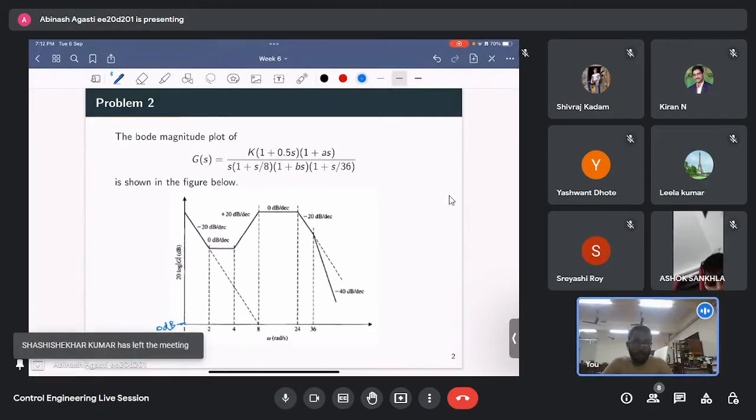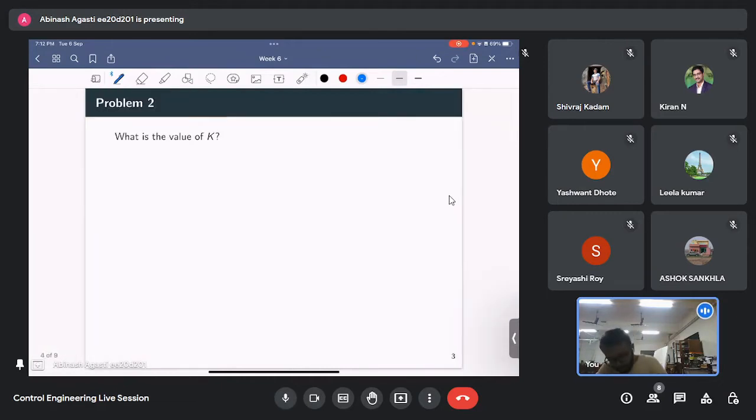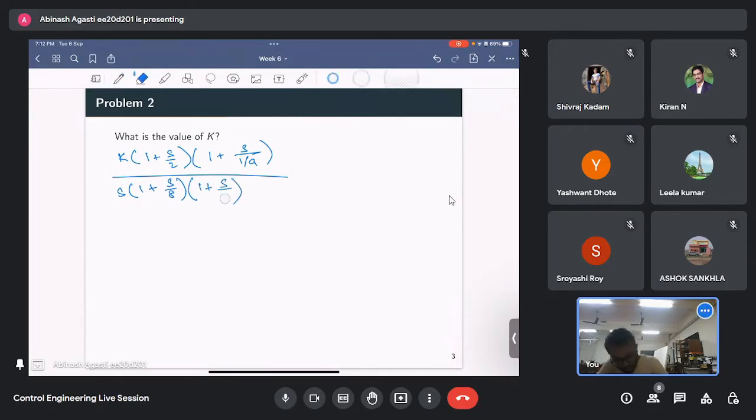We know that at omega equal to 1, since all of the zeros and poles are there, we have the function as K (1 plus s by 2)(1 plus s by 4) by s (1 plus s by 8)(1 plus s by 16)(1 plus s by 36).